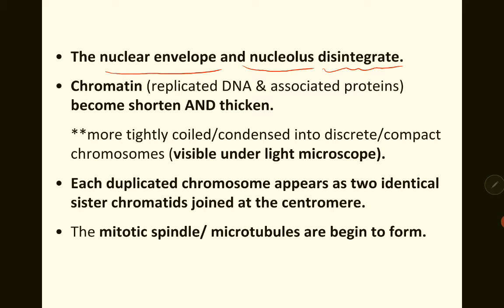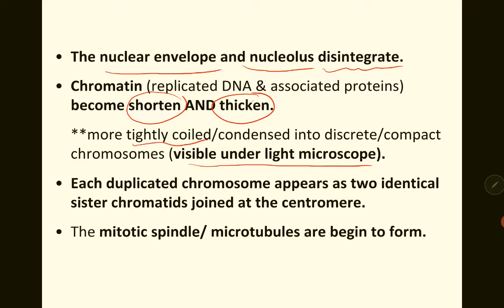Disintegrate, in other words, they disappear, which means they are not visible under the microscope. The chromatin at this moment becomes shortened and thickened. That's why under the microscope we are able to see the chromatin better, and at this stage we call it a chromosome. So it is visible under the light microscope.